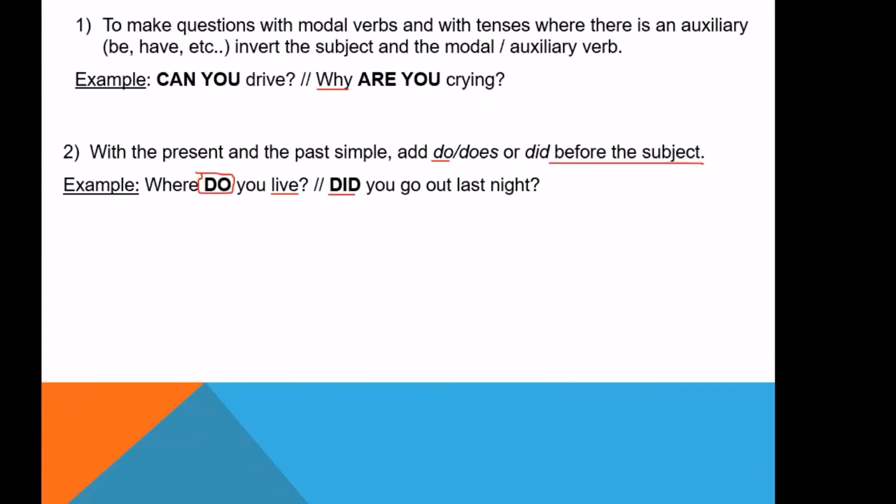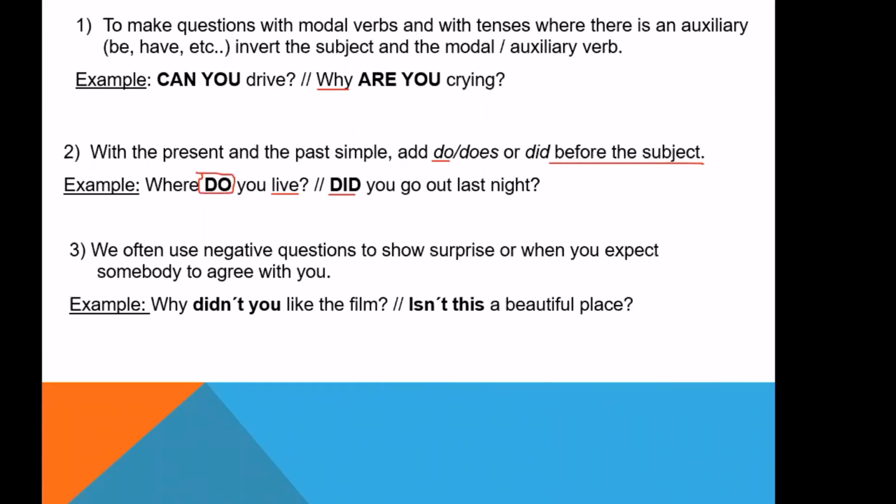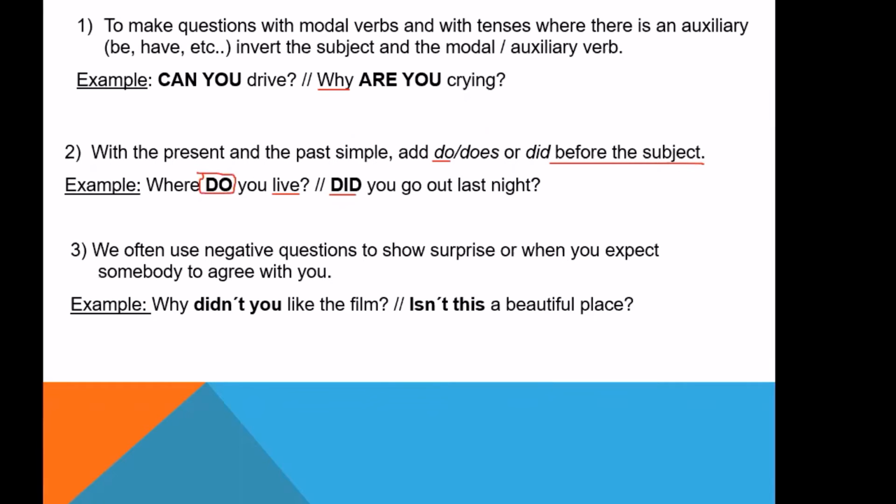So what we have next here are negative questions. Negative questions are a very interesting topic in spoken language and in the structure of the language. Let me highlight here a topic.